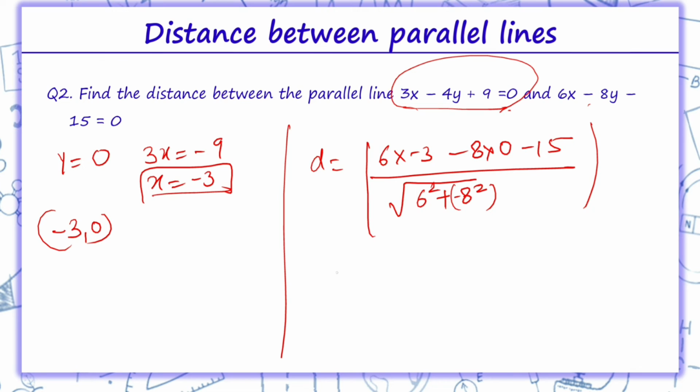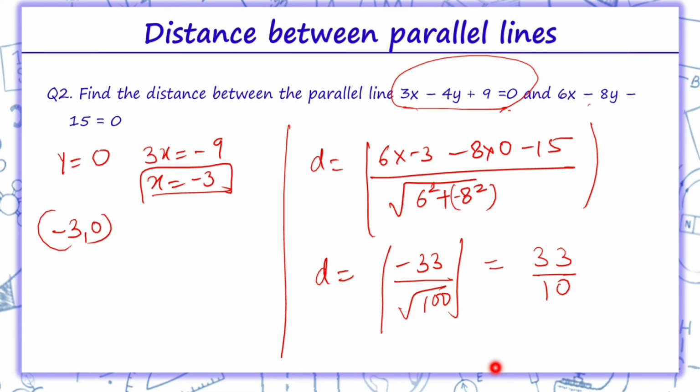Thus the value we get over here: 6 into minus 3 is minus 18, and minus 15 gives minus 33, upon the square root of 36 plus 64, which is the square root of 100. So the distance will come out to be 33 by 10.